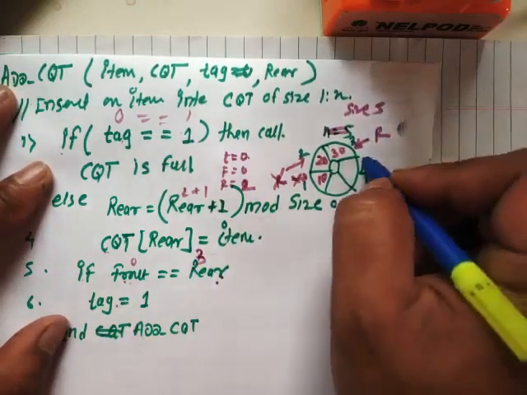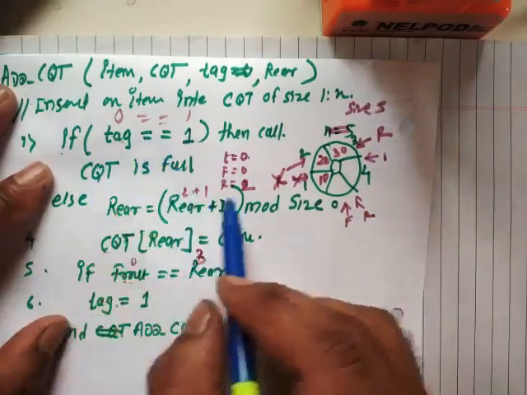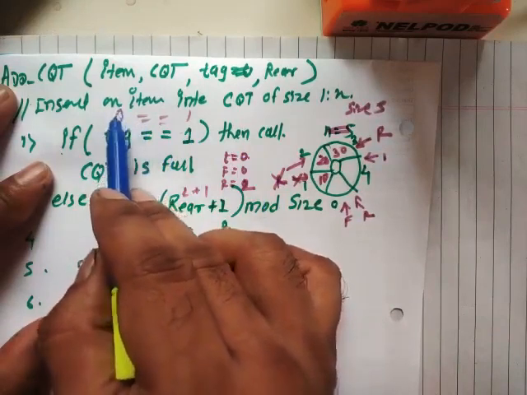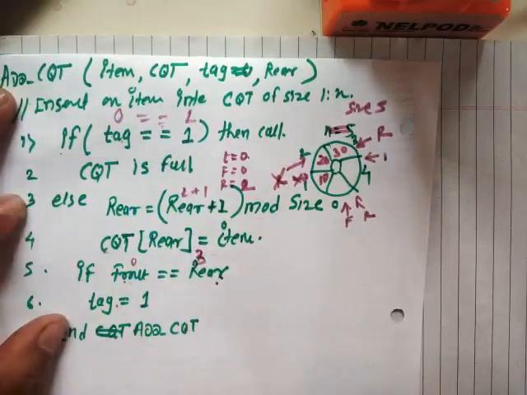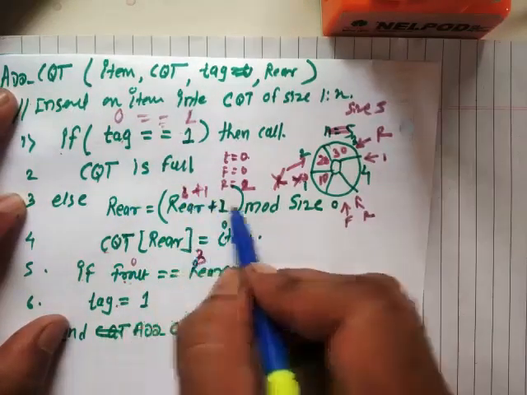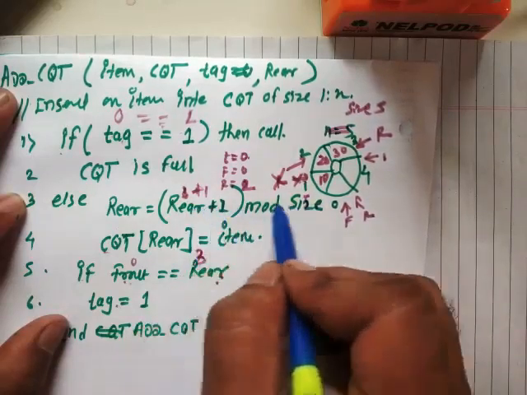Again we are going to insert one more element. Is tag equal to 1? The tag value is 0, so the condition is false and it will jump to the else part. In the else part, 3 plus 1 is 4, and 4 modulus 5, size is 5, gives 4.